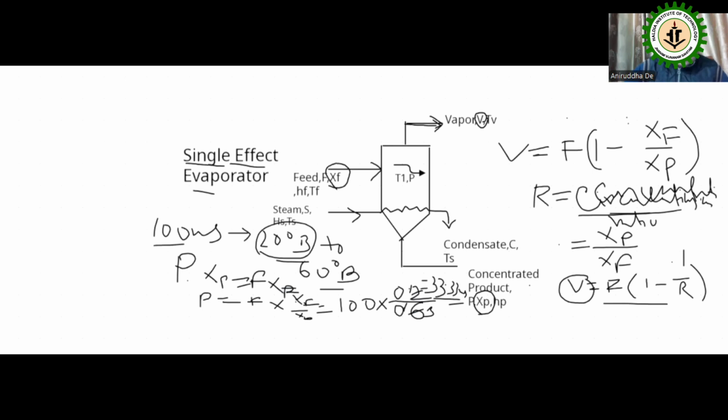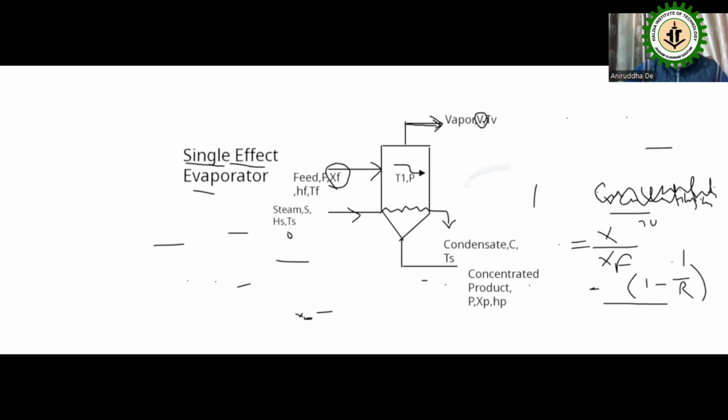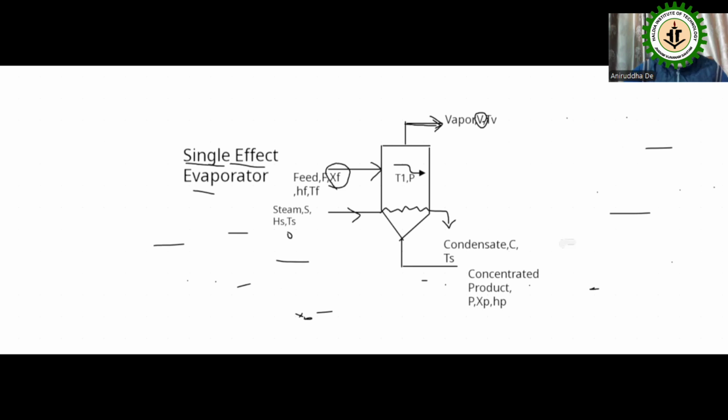Okay, next thing, what will be the energy balance? Similarly, for the energy balance, it is the same thing: input is equal to output. You have to know how much energy is input. Suppose the enthalpy of the feed is HF.